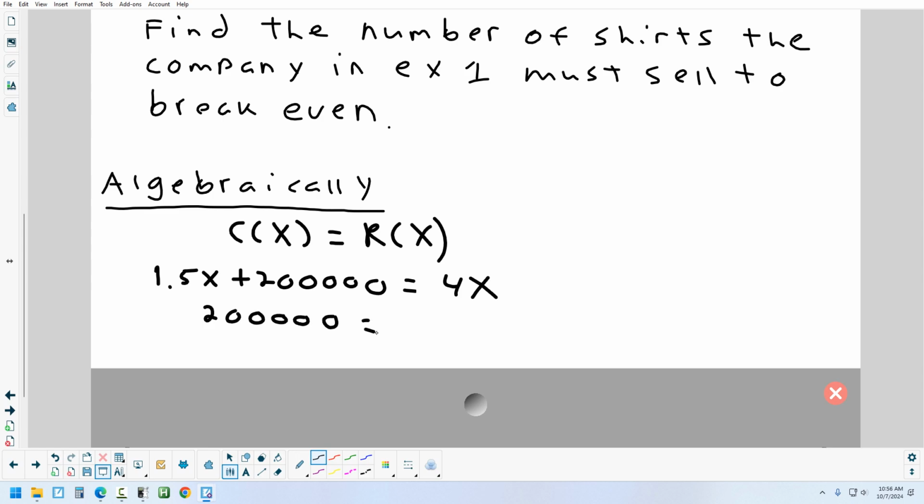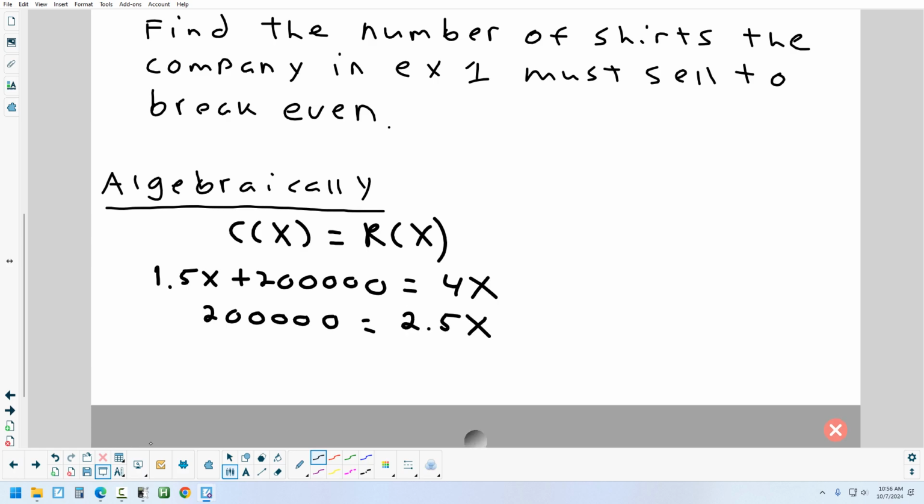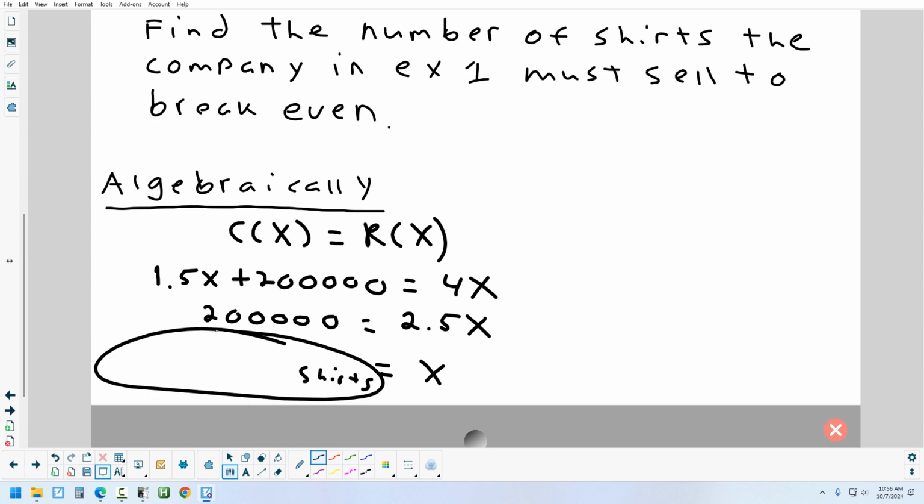So when we bring the 1.5 to the other side, what will I have on the right side? 2.5. Yep, 2.5x. And my last step to get x by itself? Divide everything by 2.5.